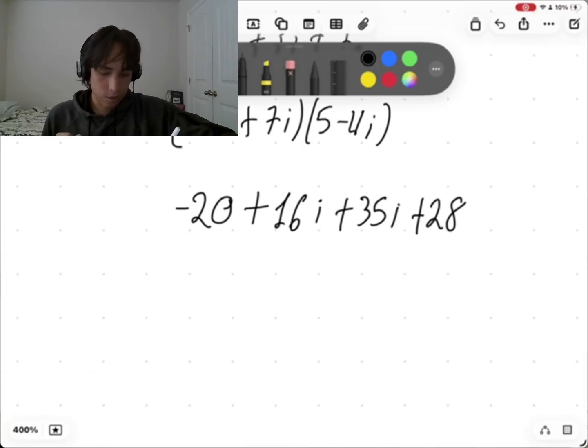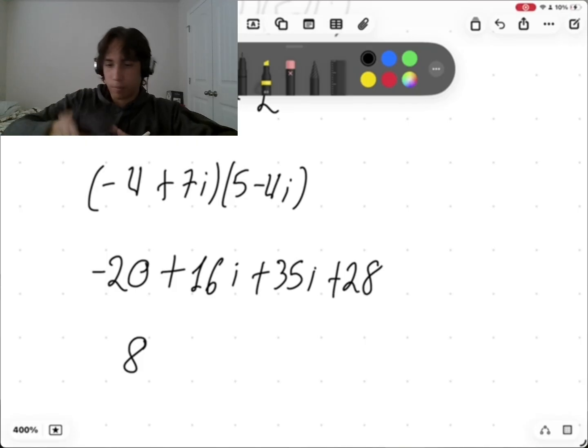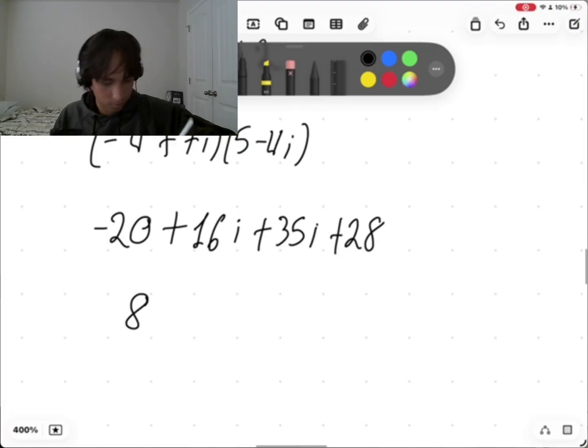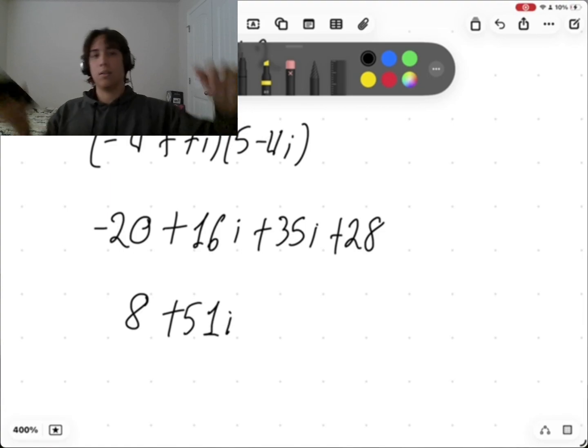And yeah, we got the same. Okay, so negative 20 plus 28 is 8. And 16 plus 35, it is 51. Okay. 51i. Yay!